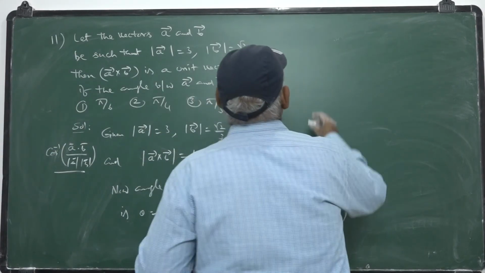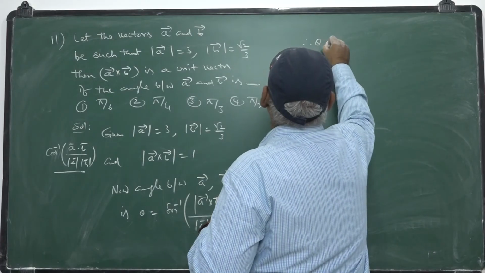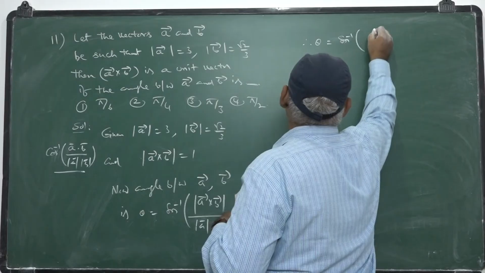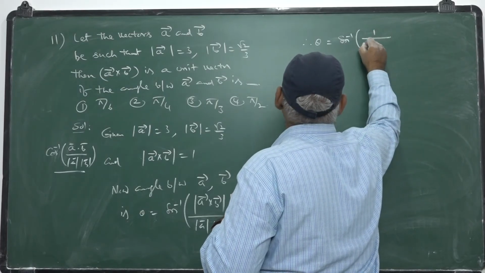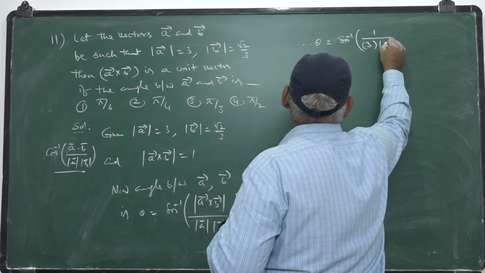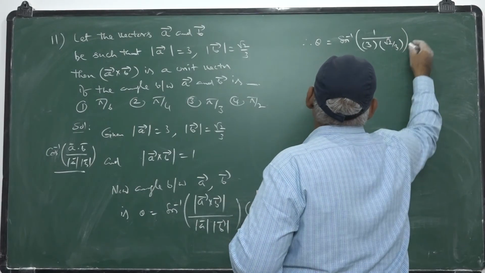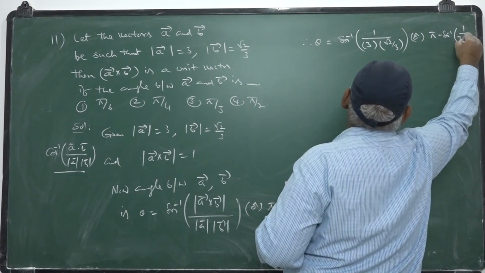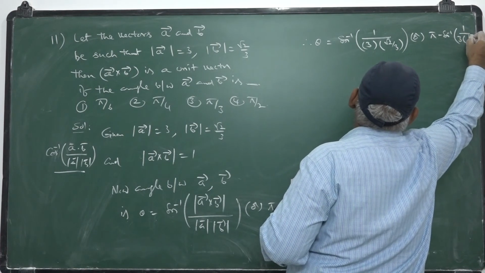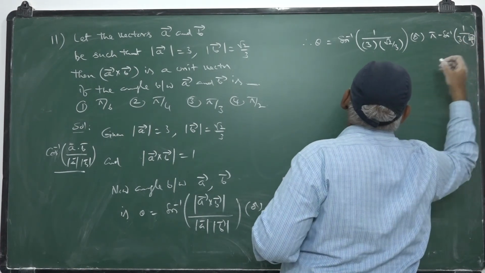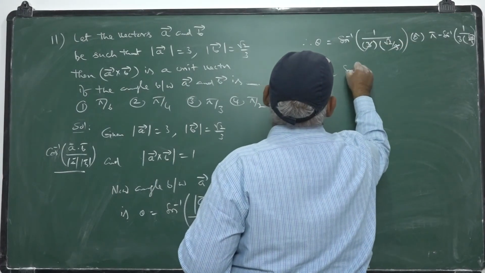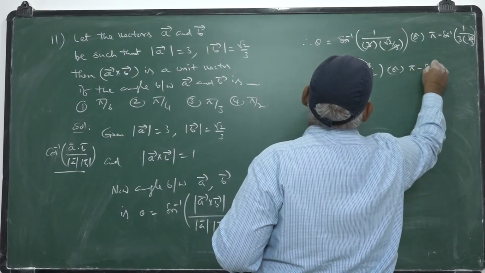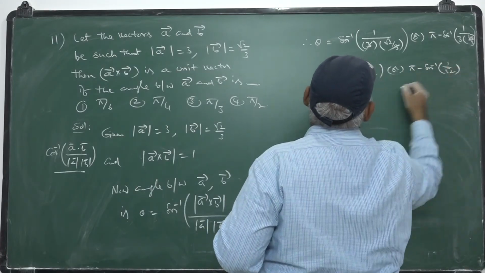So theta equals sine inverse of modulus of a bar cross b bar, which is 1, by mod a bar, which is 3, times mod b bar, which is root 2 by 3, or pi minus sine inverse of that value, 3 into root 2 by 3. So sine inverse 1 by root 2, or pi minus sine inverse 1 by root 2 itself.